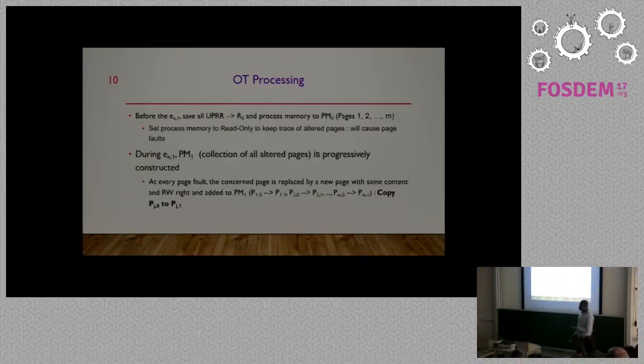So how do we do it? Before the first execution, we save all the registers. We also save all the memory pages that the process may modify during its execution. To keep track of all modified process pages, we set all the memory pages read-only, so that if the process tries to modify a page, it will fault in the kernel and we will treat these faults.